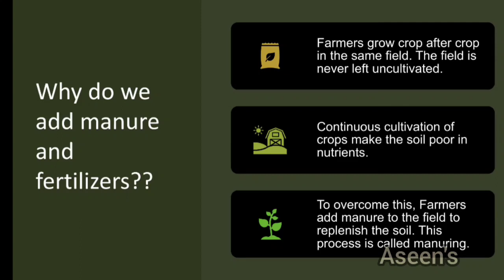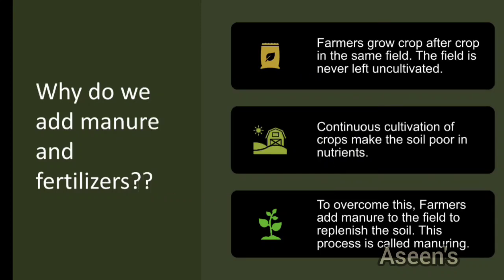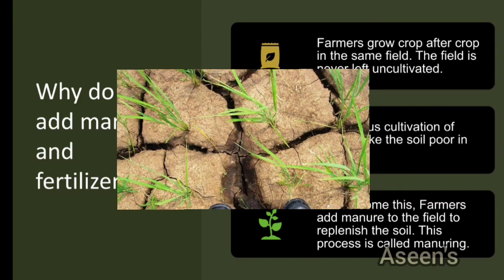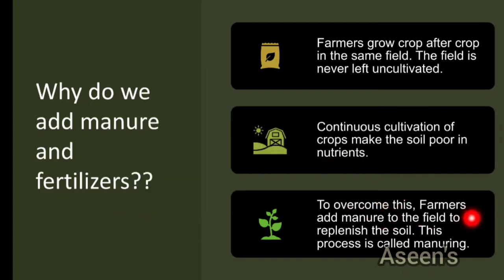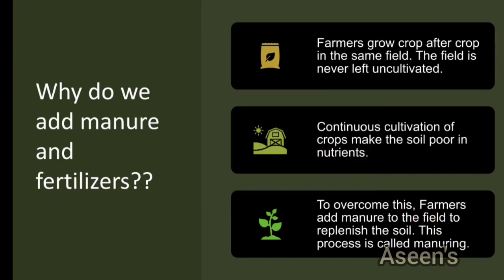To do that, we need to leave the land uncultivated for at least a year, which is not possible in this case since we need to cultivate it continuously. So here, the quality of the soil gets poorer and poorer. To overcome this, farmers add manure to the field to replenish the soil. This process is called manuring.